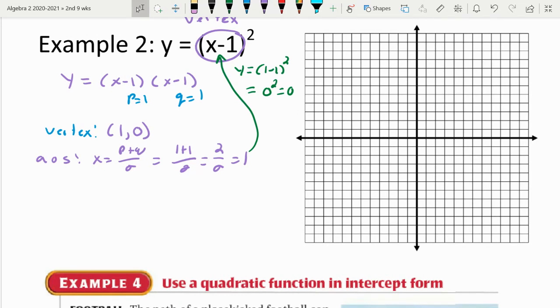So this is very interesting. So if I plot that vertex at 1, 0, there it is. So now what are my roots? Okay, well, I only have one root there, and it's at 1, 0. So my root is my vertex.